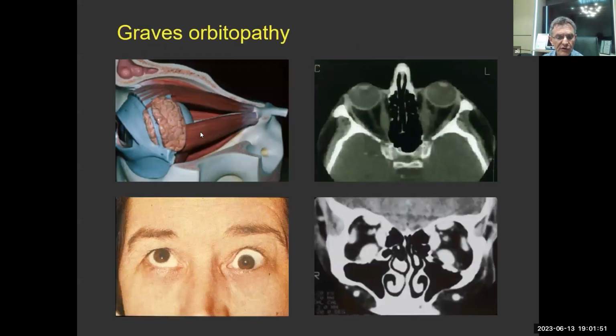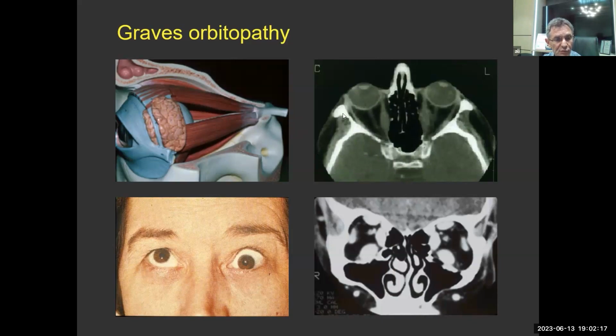Now, Graves' eye disease is actually not a pleasant disease to have, but is part of the Graves' spectrum. But what's important is that the thyroid eye disease does not always go in parallel with the thyroid secretion. In other words, you can have people who have normal thyroid status and have severe thyroid eye disease.